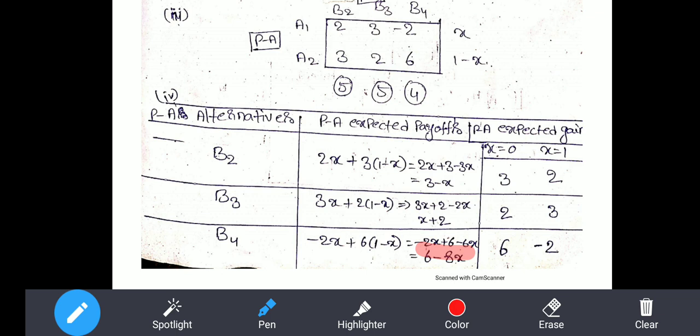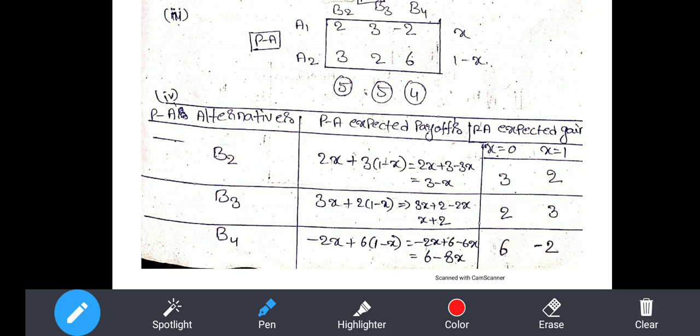For 6 minus 8x, x equal to 0 gives 6 minus 0, which is 6, and x equal to 1 gives 6 minus 8, which is minus 2. By using this, the b2 equation points are 3 comma 2, the b3 column is 2 comma 3, and the b4 column is 6 comma minus 2.